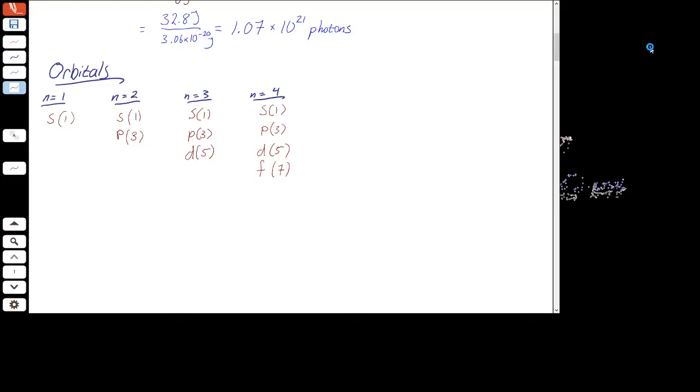Okay. So now we're going to talk about putting electrons in those orbitals. Let's look at just this first orbital, which we call the 1s orbital. And we want to know, what are the possible quantum numbers in this particular orbital?